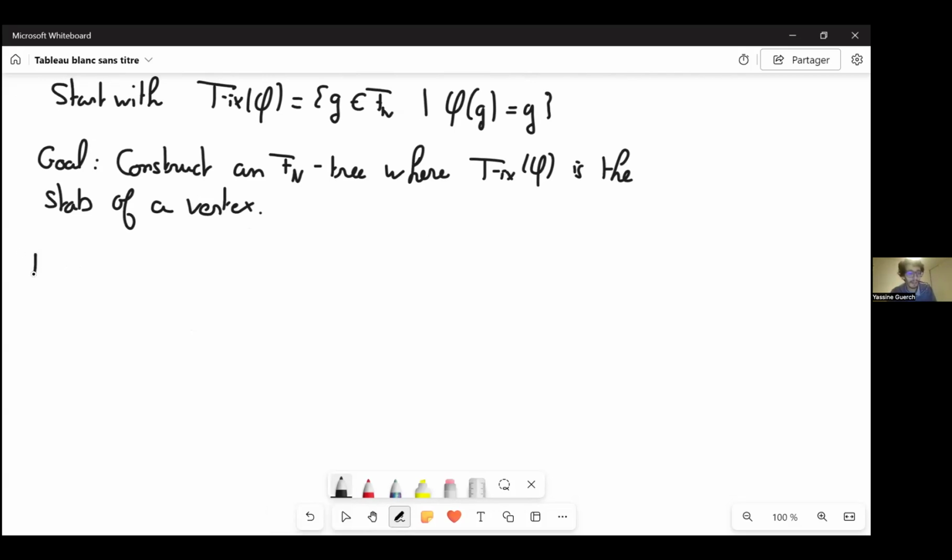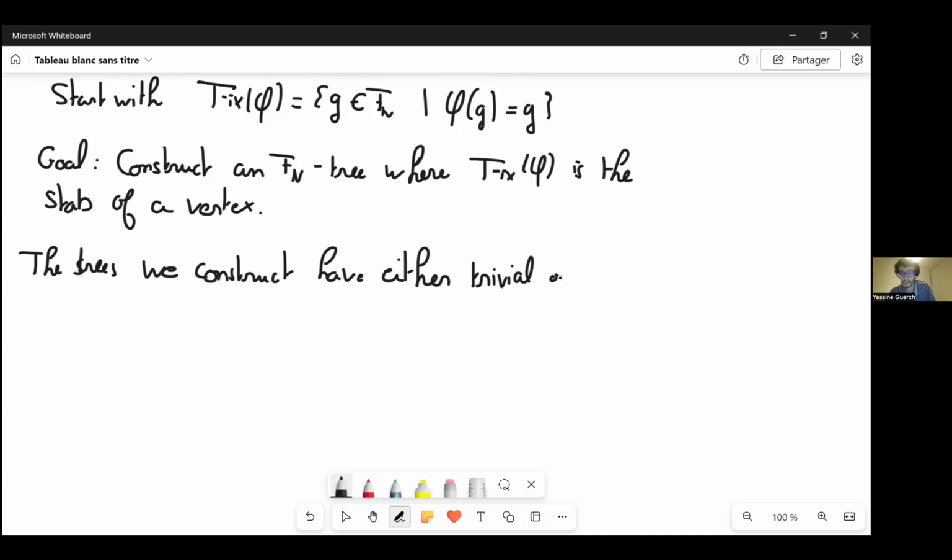The trees we construct have either trivial or cyclic edge stabilizers. The stabilizer of an edge is either cyclic or trivial.